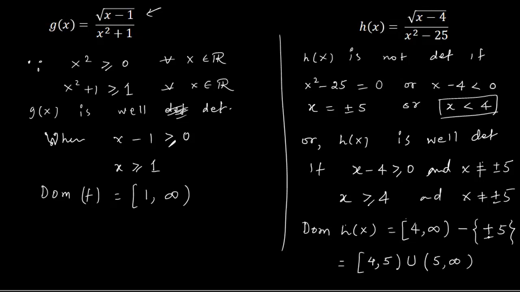We cannot remove -5 from 4 to infinity because -5 is not in the set 4 to infinity. There is no -5 in this set.